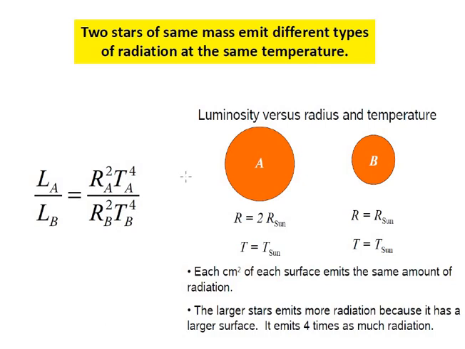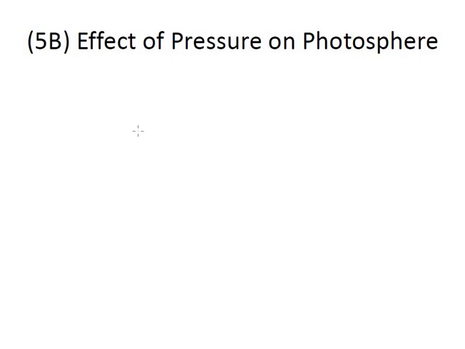Now let me talk about the effect of pressure. Again, this is a part of the determination of size, whether at least we can tell if the star has a bigger size or not using the spectral features.